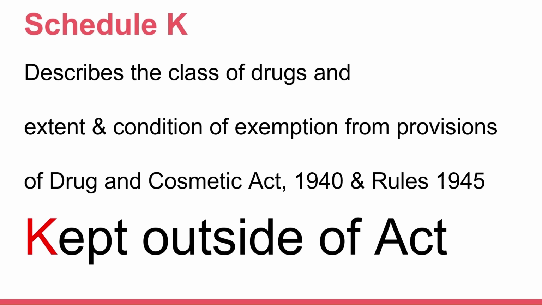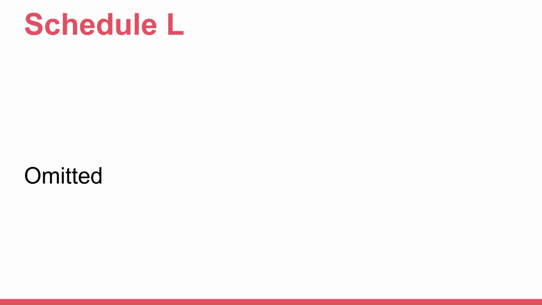That is, these drugs are kept outside from the provisions of the Act. Kept starts with K, and from that K you can correlate with Schedule K, which covers drugs and exemption criteria. That word kept helps you to remember Schedule K.